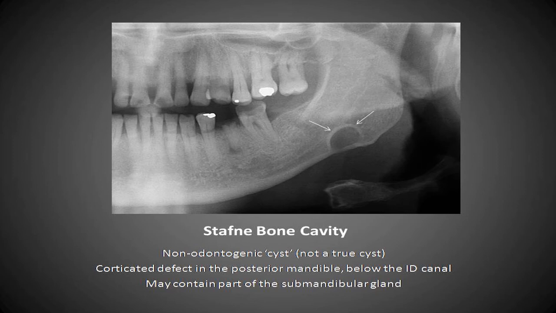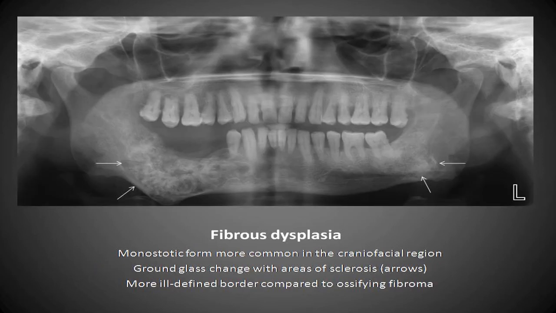But due to the cortication of the border, it will actually appear like a cyst, whereas in actuality it is just a small anatomical deformity, or we can call it a modification, but which will be manifested like a cystic lesion. Then we have fibrous dysplasia, where we are able to appreciate the ground glass appearance in the mandibular region, which is demonstrated here in the image.